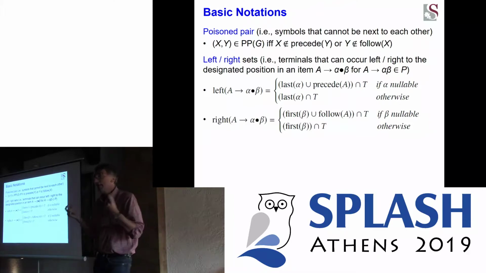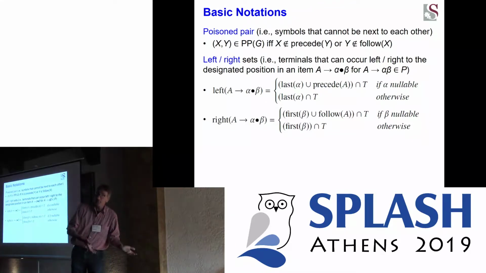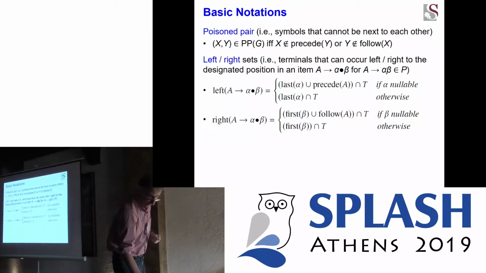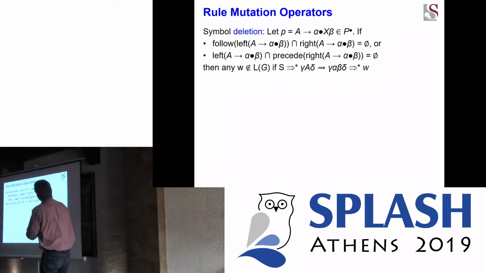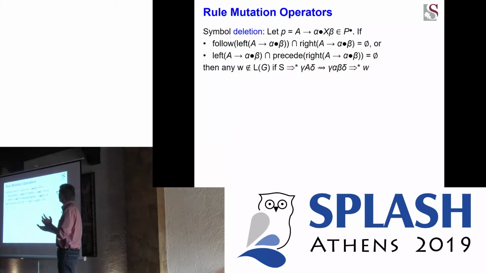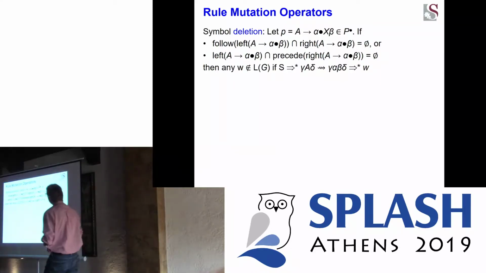We can use these two definitions now to lift the conditions from tokens to rules. Right. Let's look at an example. So the symbol deletion. Let's assume we have a rule, A goes to alpha x beta, and we want to delete x after the designated position.